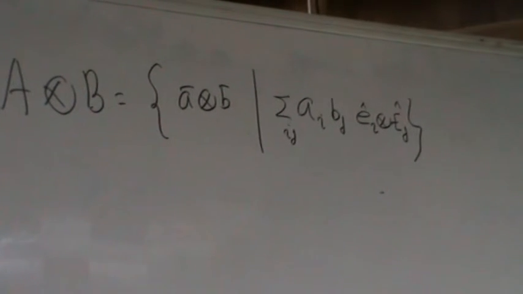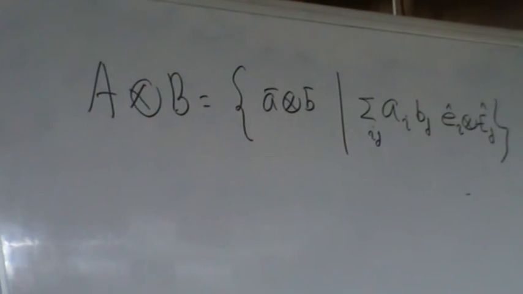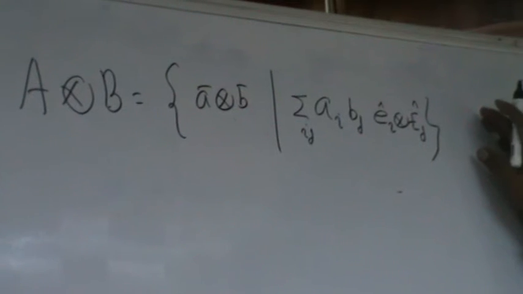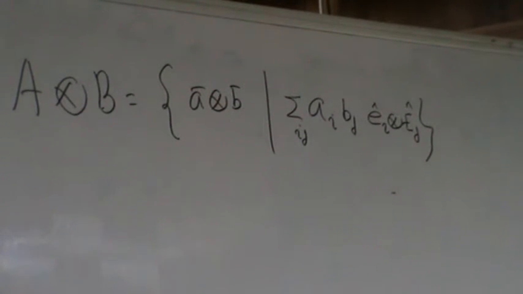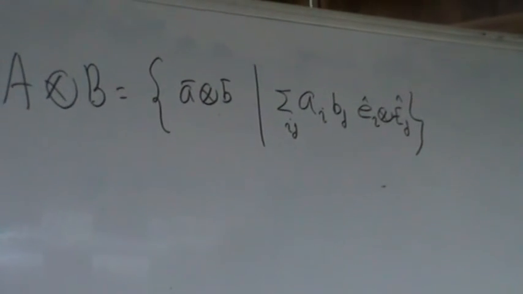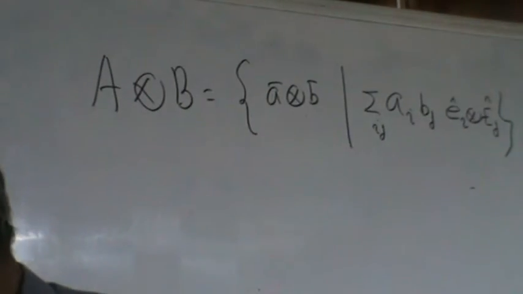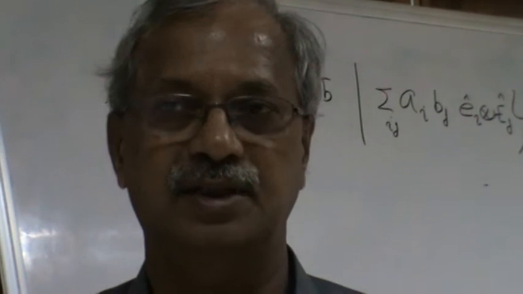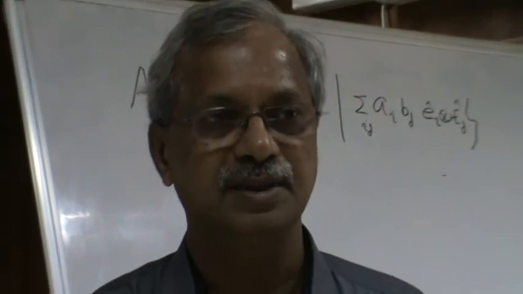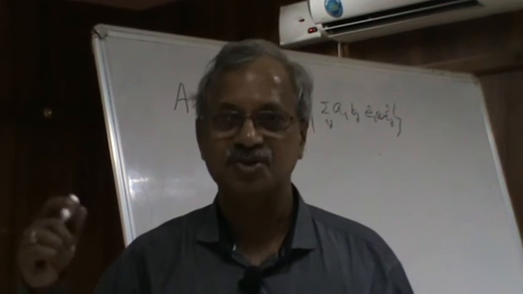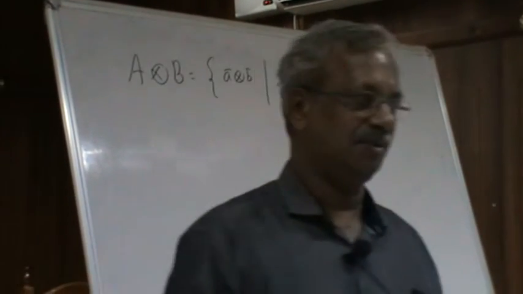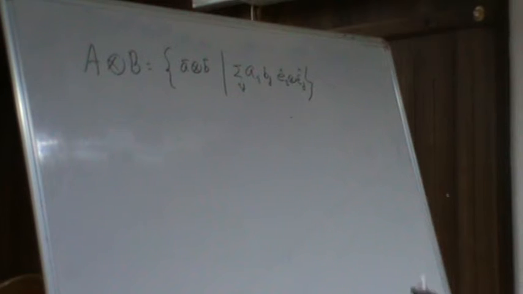So the first part of it refers to the first vector space and the other part corresponds to the second vector space. Clear? So if we have got an n-dimensional and m-dimensional vector space here, the tensor product space is an n times m dimensional space. That is also a vector space. That is the point I am trying to make. So this is a vector space.